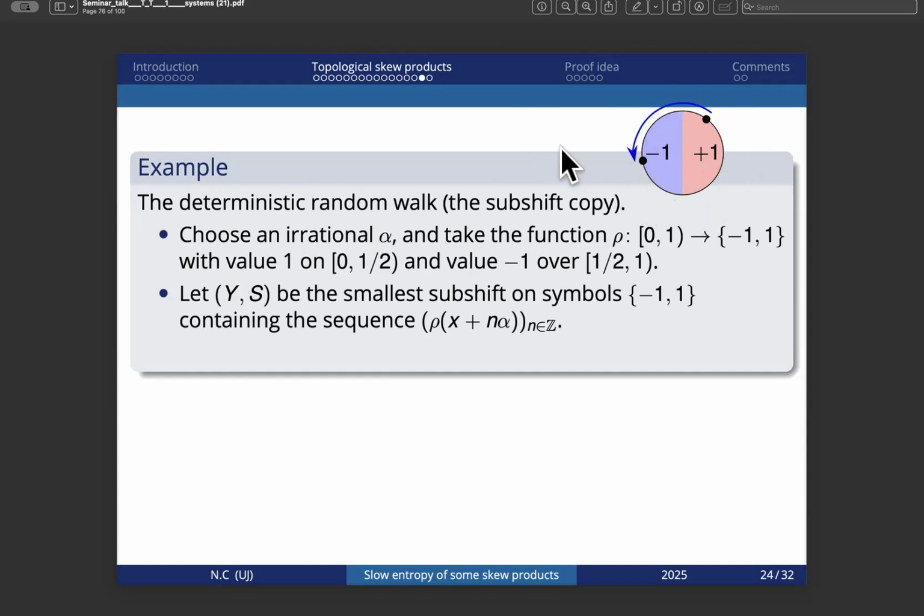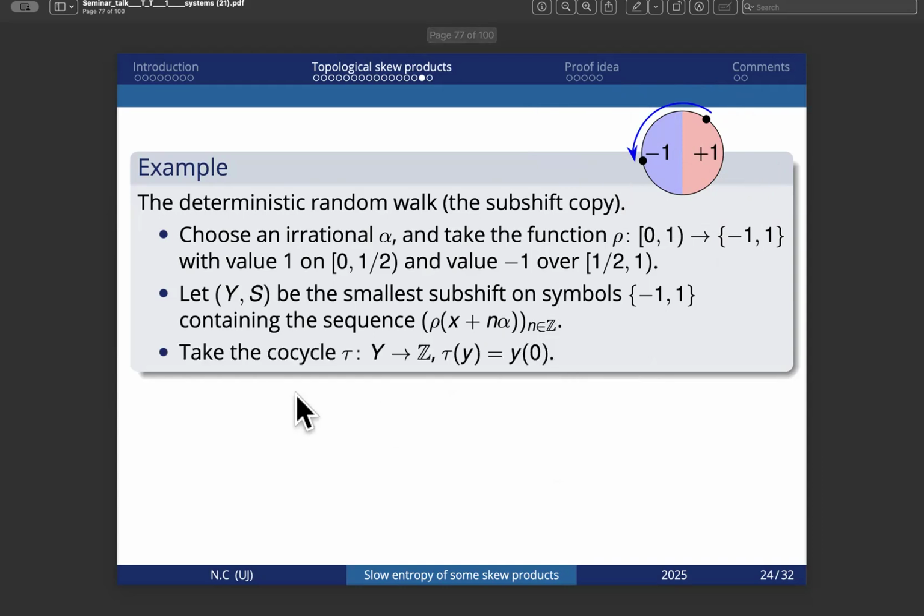And then we can take the smallest subshift on those symbols containing that sequence. So we take the partition of two halves and we assign to it a subshift, and we label the elements 1 and minus 1. I mean, we label the partitions.